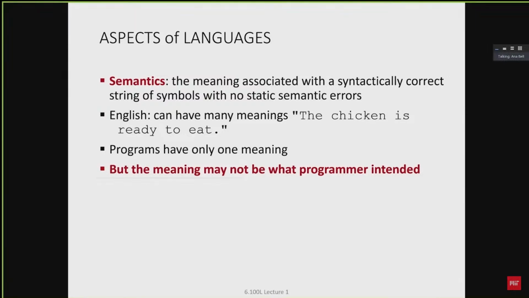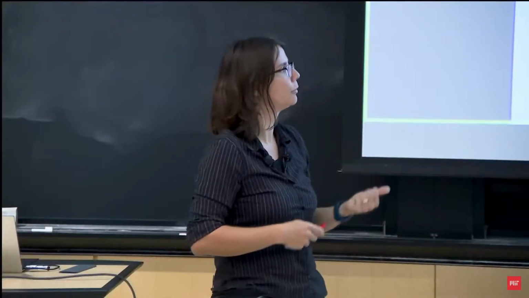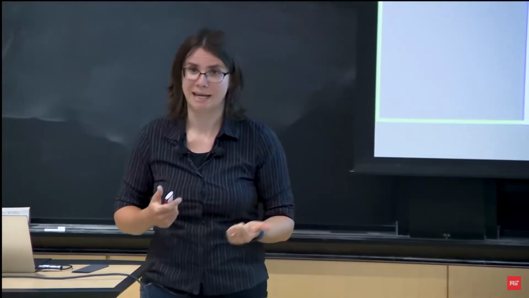Because the computer, the machine, follows the set of instructions to a T, there is no ambiguity about what it needs to do. It just follows the instructions and does what it needs to do until it terminates the program. And so programs only have one meaning, but the problem is it might not be the meaning that you intended it to have.